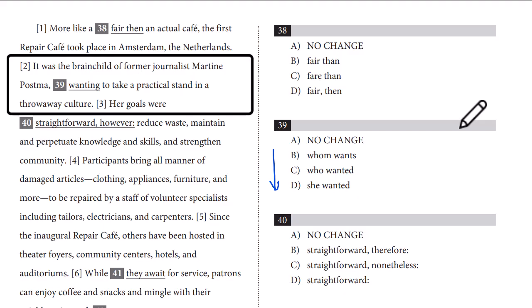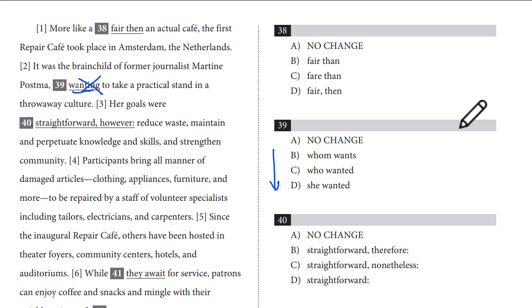This is a participle after saying it was the brainchild of Martine Postma. So wanting, no, that's maybe even a misplaced modifier. So this should say something about Martine Postma here. So we're missing the reference to her, which would be a who, not a she.